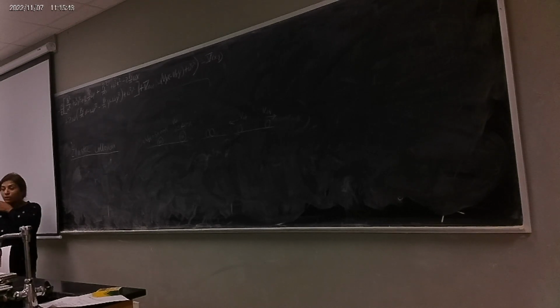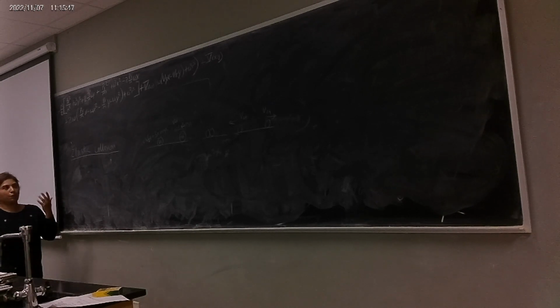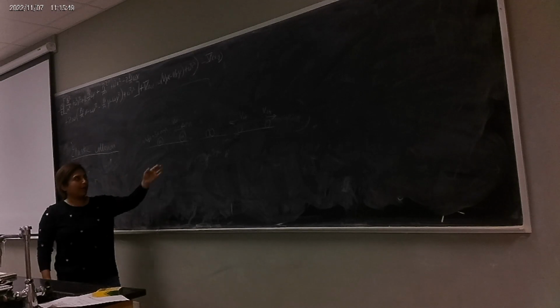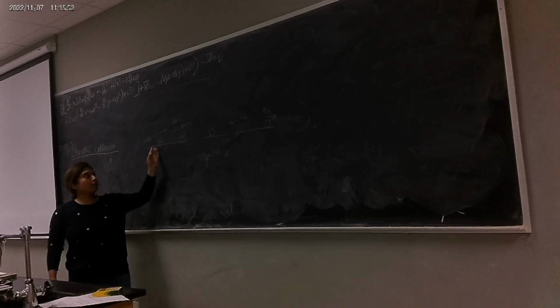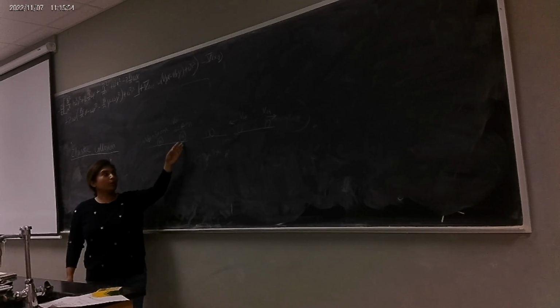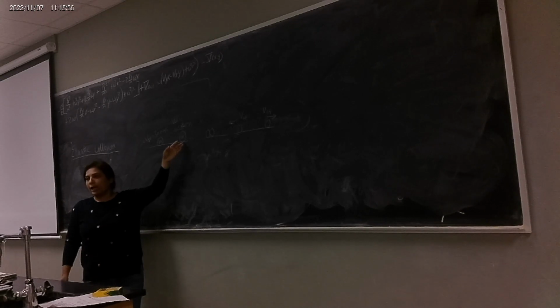Now, since they both have the same mass, it's not like one mass is really heavy. For example, if this one is really heavy and this one is coming towards it, it's possible that this one bounces back from it. That is a possibility too, right?